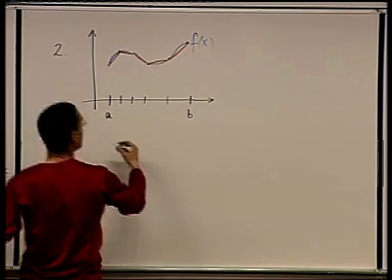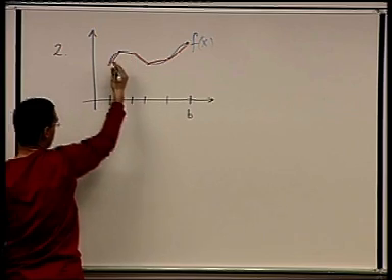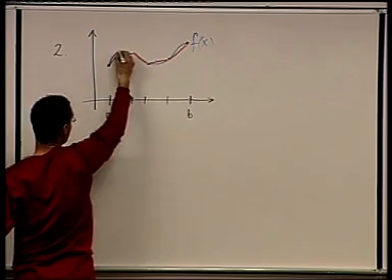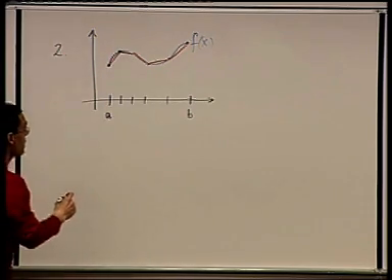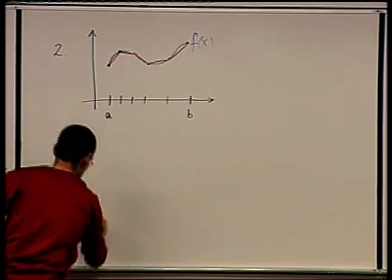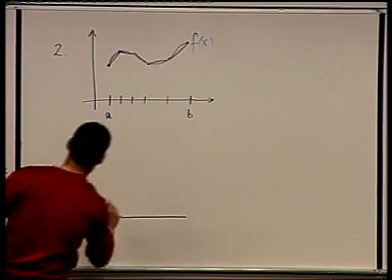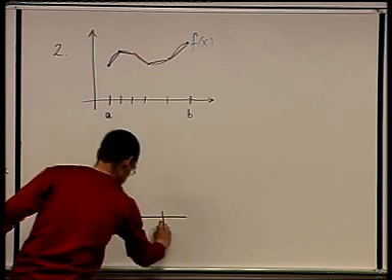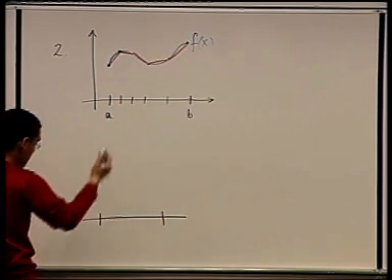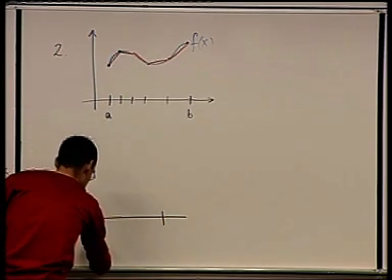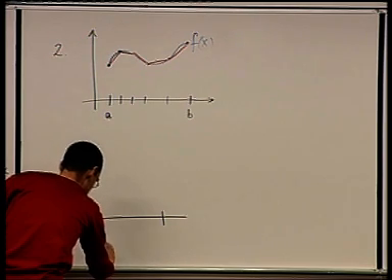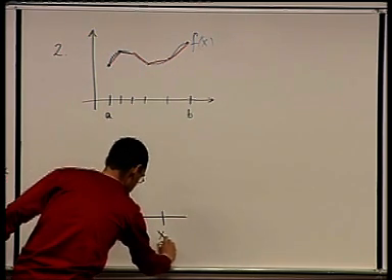I'm going to zoom in on just this first segment here. Make a big zoom in because I want to draw many things on it. So here's a huge zoom in just on the first segment, or on any segment. Let's call this one xi minus 1, and this one is xi.